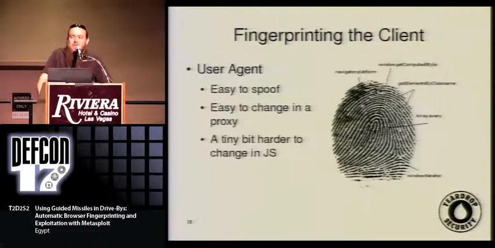Now, all of this is harder to change in JavaScript. There are ways to do some of it. For example, Firefox using the user agent switcher add-on will also change all of the JavaScript objects that tell you the stuff that's in the user agent.